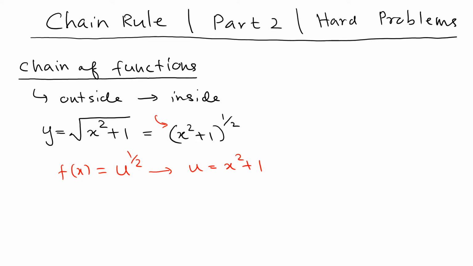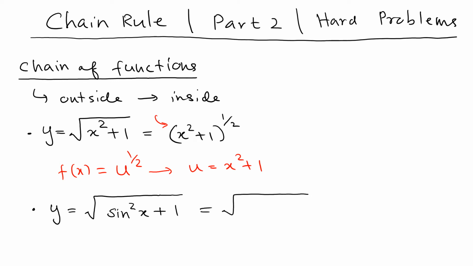So let's look at another one. We have y equals square root of sine squared x plus 1. You can rewrite this as square root of (sine x) squared plus 1. You can see that there are three functions here. The first one is the square root function, so as before, f(x) is the square root function.